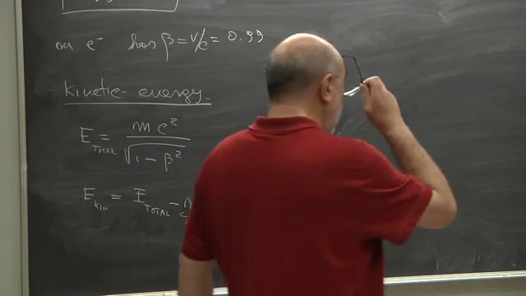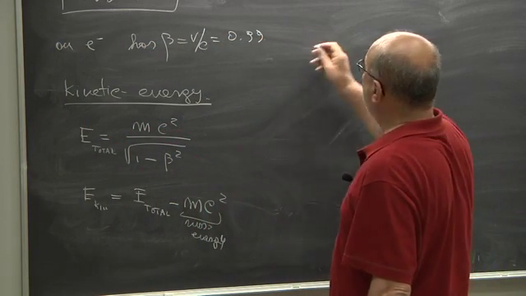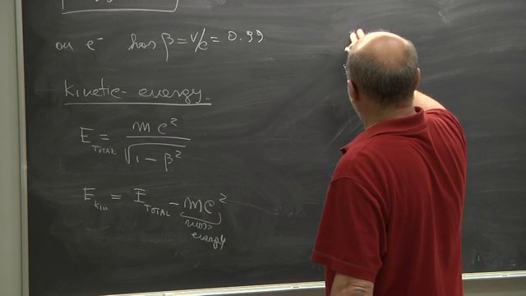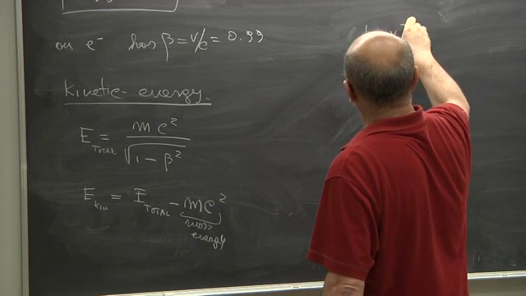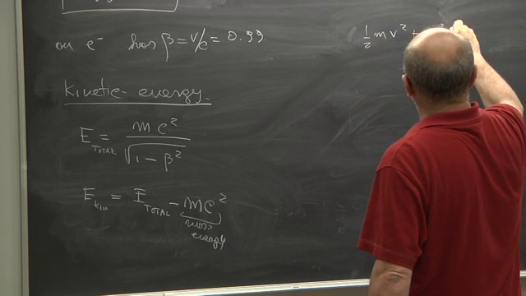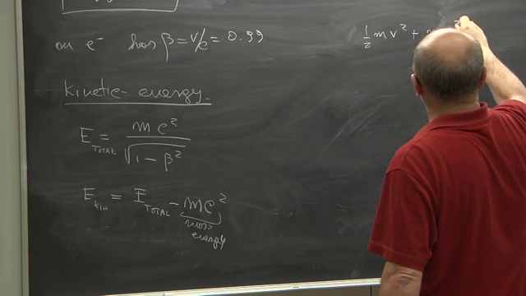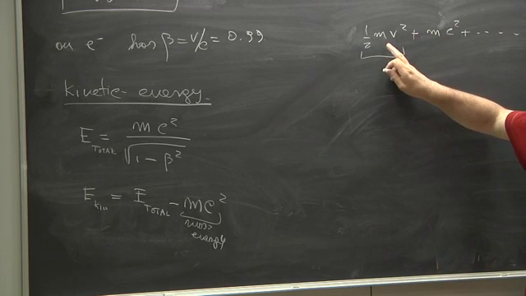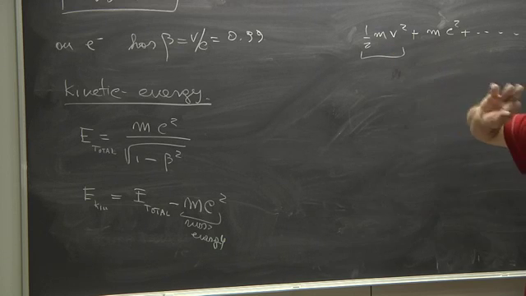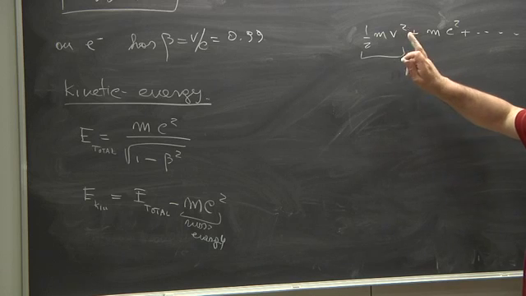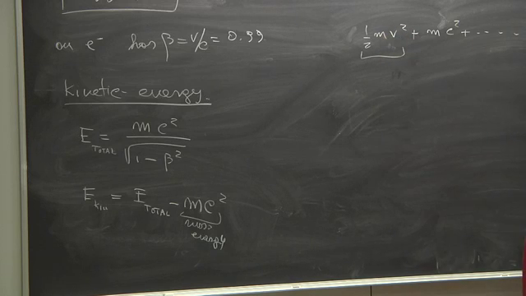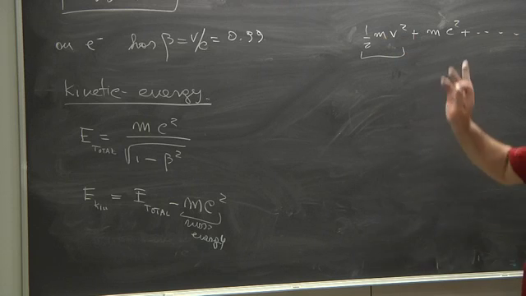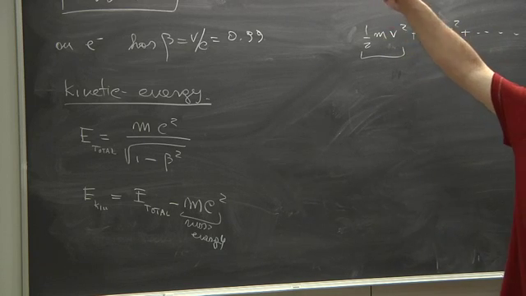If you do the expansion, you would get 1/2 mv squared plus mc squared plus extra terms, okay? I did not ask for the non-relativistic kinetic energy. I asked for the kinetic energy, period. That means relativistic, so you have to do this plus all the other terms. You understand? You would have to continue the expansion.